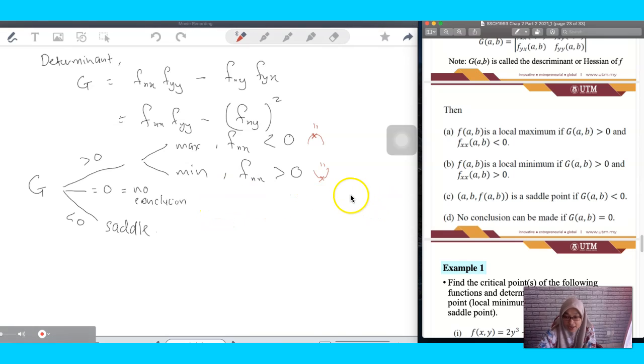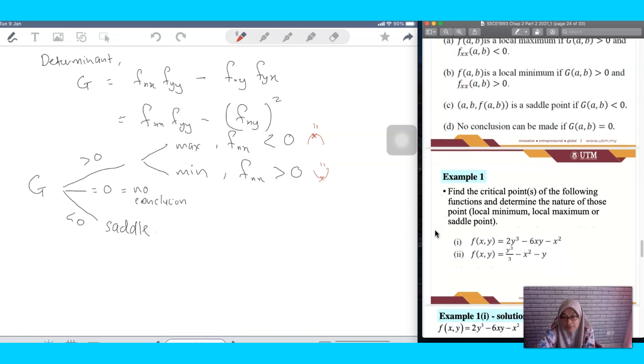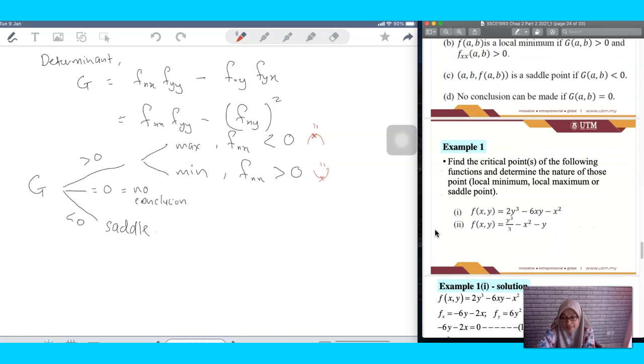So that is the condition. Firstly, you have to find the critical point, and from there you investigate whether the point that you obtain is a max, min, saddle, or the test fails. So it should be referred to this condition. In order to understand that, we look at the first example here. Find the critical point, that is a must.